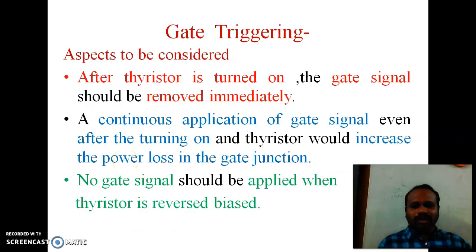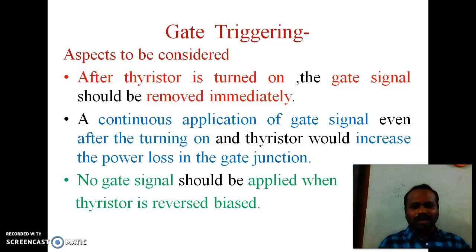Aspects to be considered for the design of the gate triggering. After the thyristor is turned on, the gate signal should be removed immediately. If we apply a continuous gate signal after turning on of the thyristor, it would increase the power loss in the gate junction.